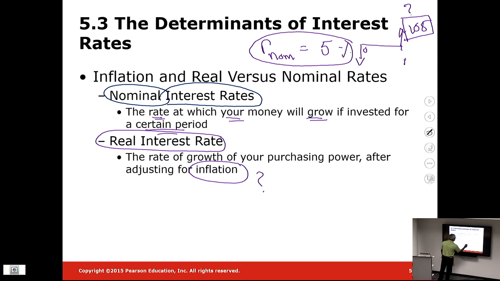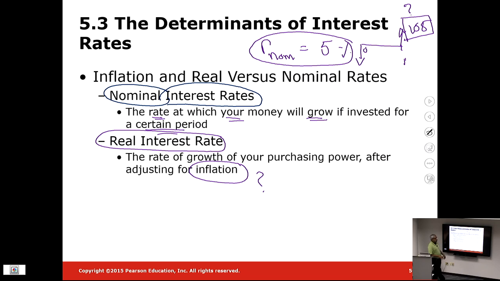So what is inflation? Inflation is essentially the growth in the price of a product over time. We officially define inflation to be not just the growth in the price of one product, but of a basket of goods that is representative of the typical purchases an average American consumer will have.